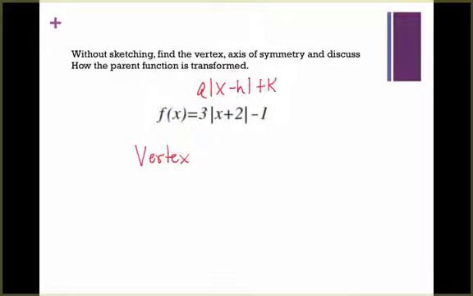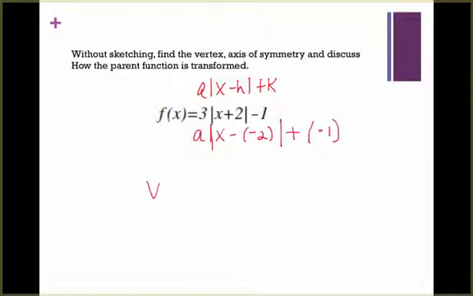Well, notice that we have x plus 2, so that's going to be the same thing as minus negative 2, because our formula says we have to have x minus a number and then plus k, but minus 1 on the outside is the same thing as plus negative 1.